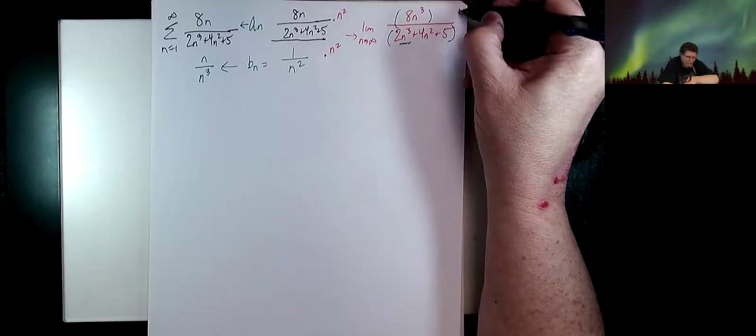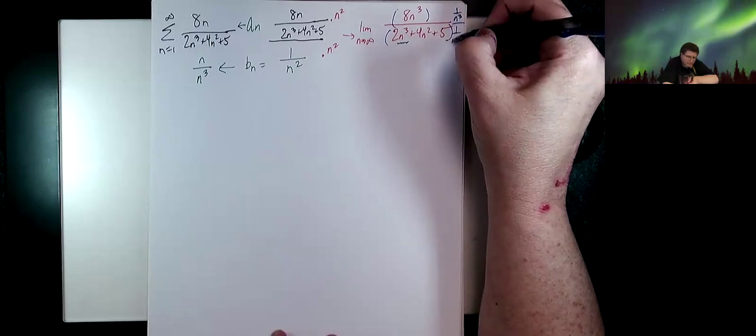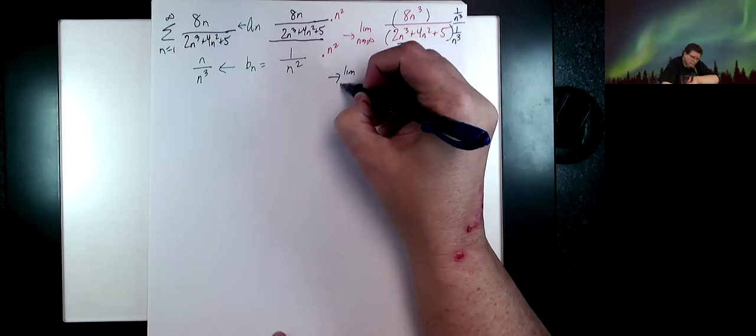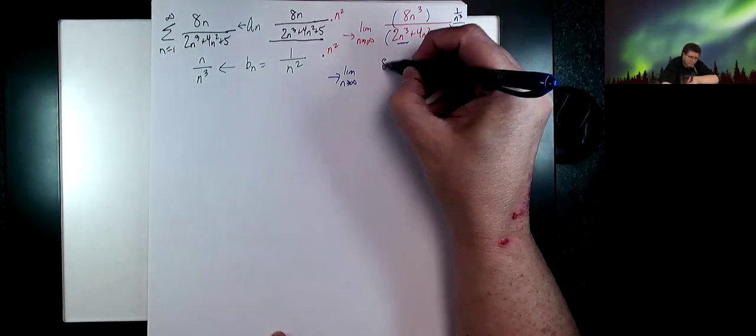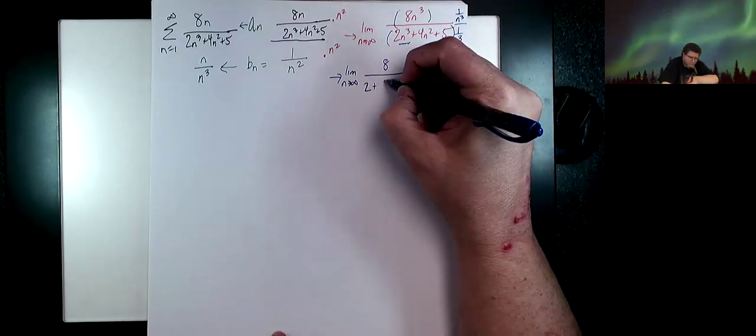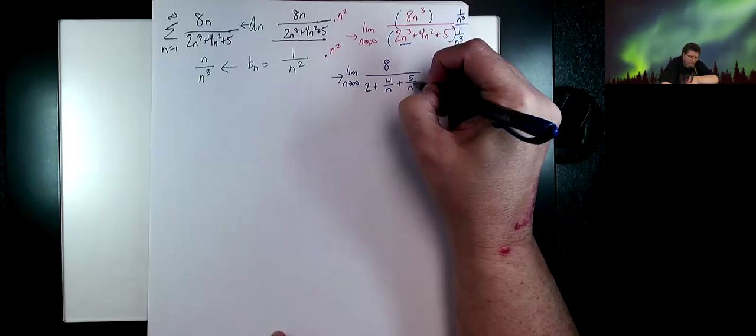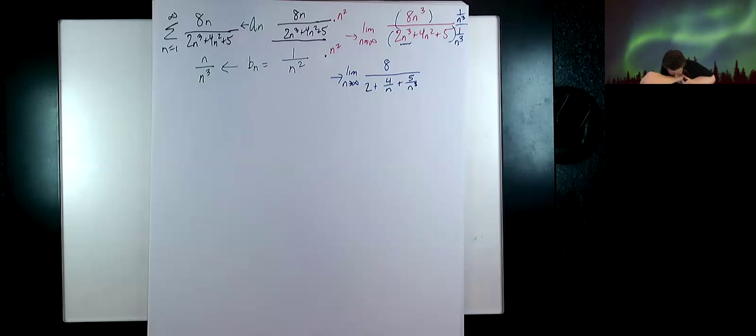Multiply top and bottom by 1 over n cubed. So what's the limit here?